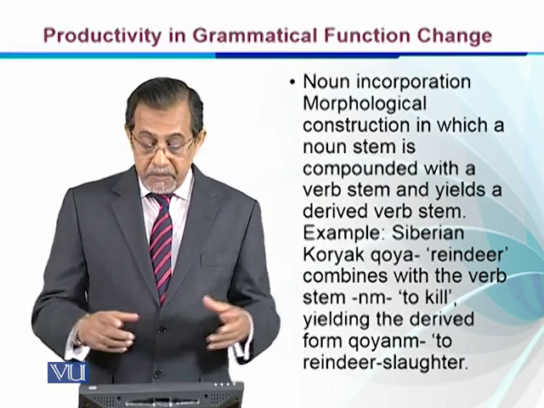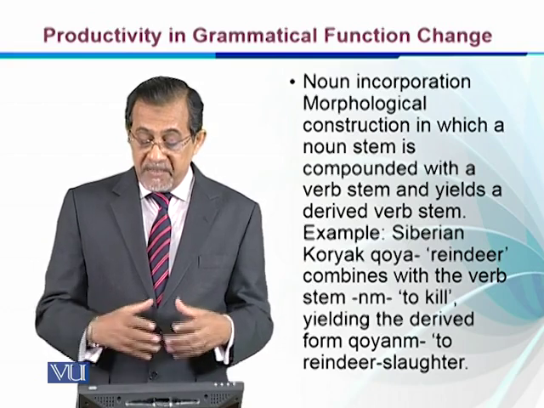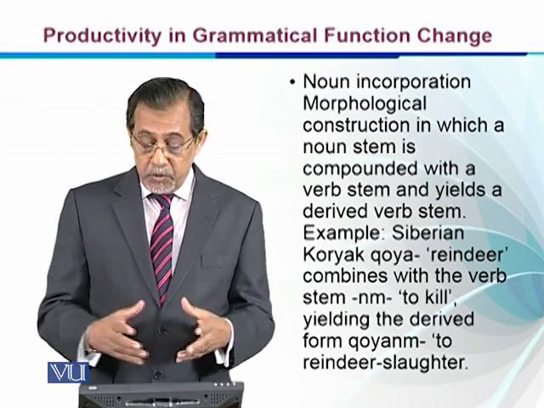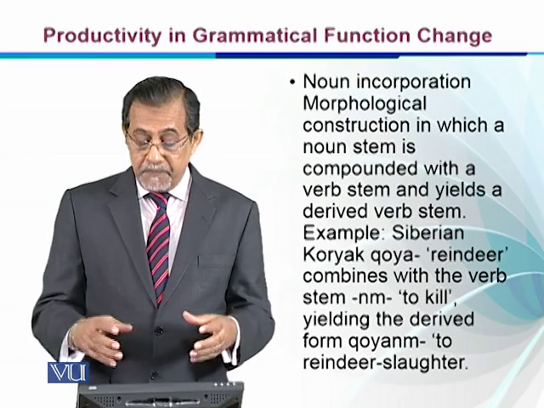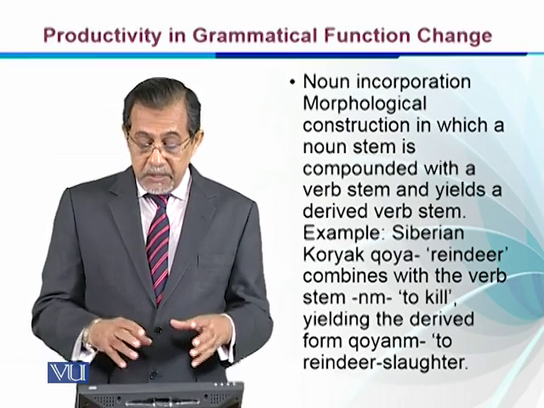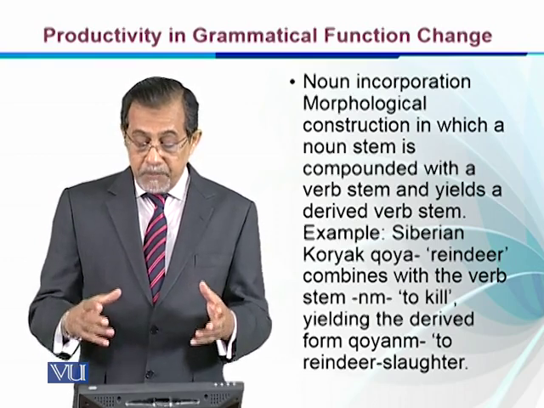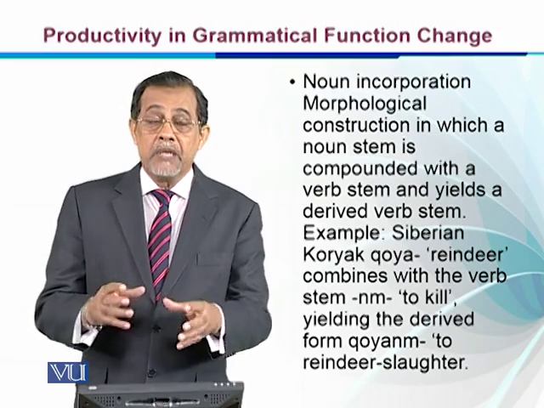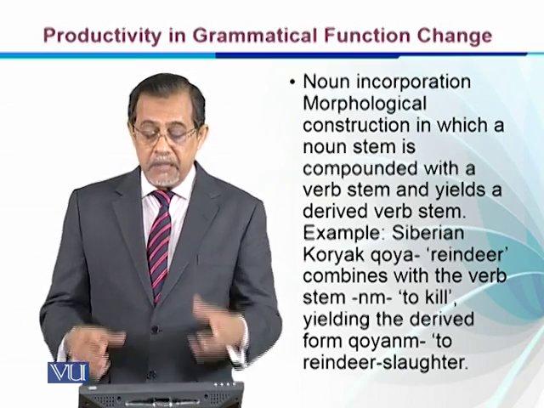For example, you can see Siberian Koryak kuya, reindeer, a type of deer found in Eurasia and North America, combines with the verb stem num, to kill, yielding the derived form kuyanum, to reindeer-slaughter. Right? So you can see how the noun was taken and added to the verb to get a new meaning.